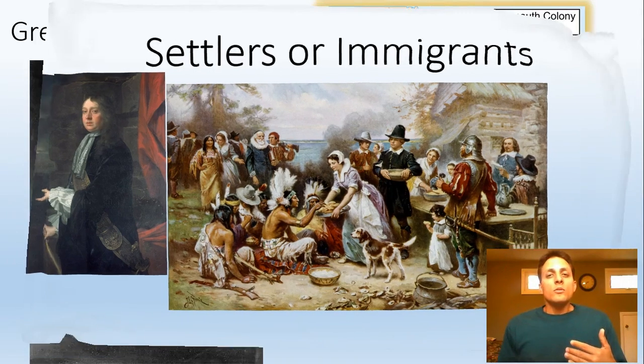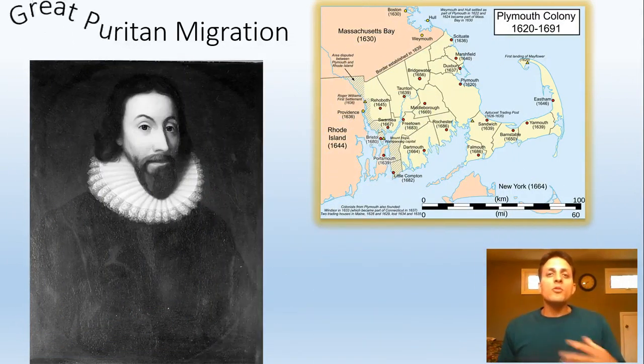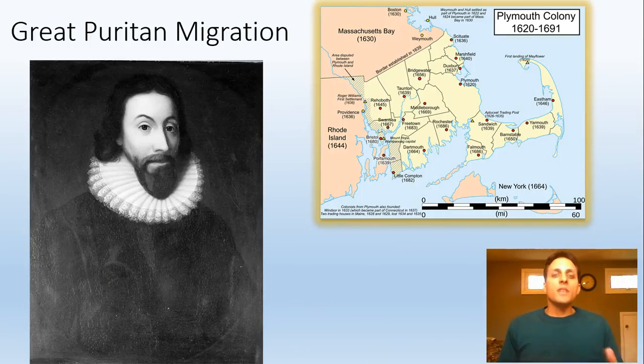So the first big group of a mix of settlers and immigrants is part of a wave of immigration that comes to the British colonies known as the Great Puritan Migration. The foundation of Plymouth and the foundation of Massachusetts Bay, these are settlers who are founding colonies. But later on in the later 1600s, you also have more Puritans coming to the New World, and these are immigrants. They're coming for a variety of different reasons.